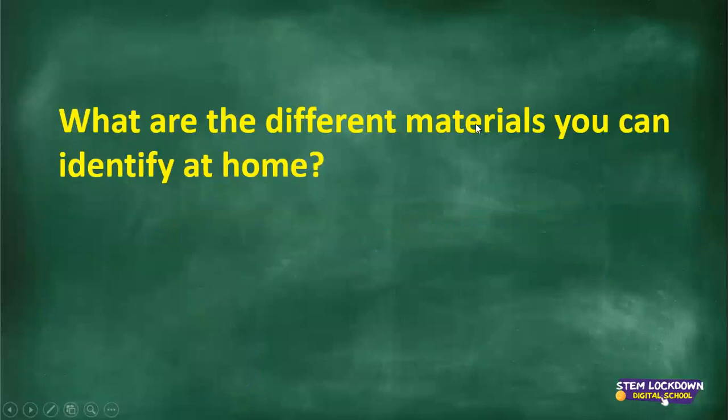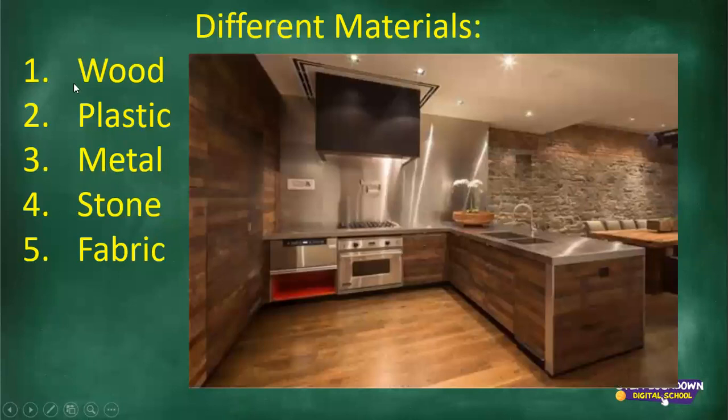So someone identified a whole lot of wood and some plastic. I didn't hear stone because some tiles are made of stone. I didn't see any metal. I didn't see any glass. No one said glass.